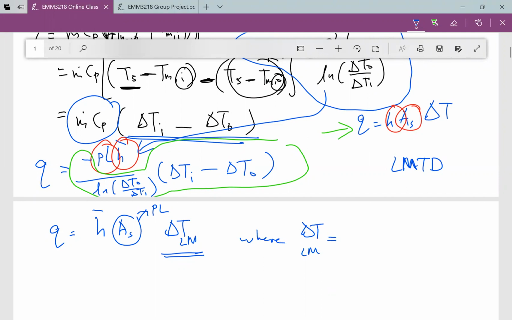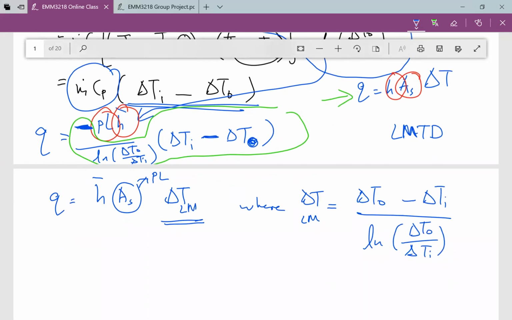basically all the terms in the green box, right? Notice you have a negative there, so I'm going to write down the delta T out first because of this negative. It becomes positive, right? Delta Ti divided by natural log delta T out over.